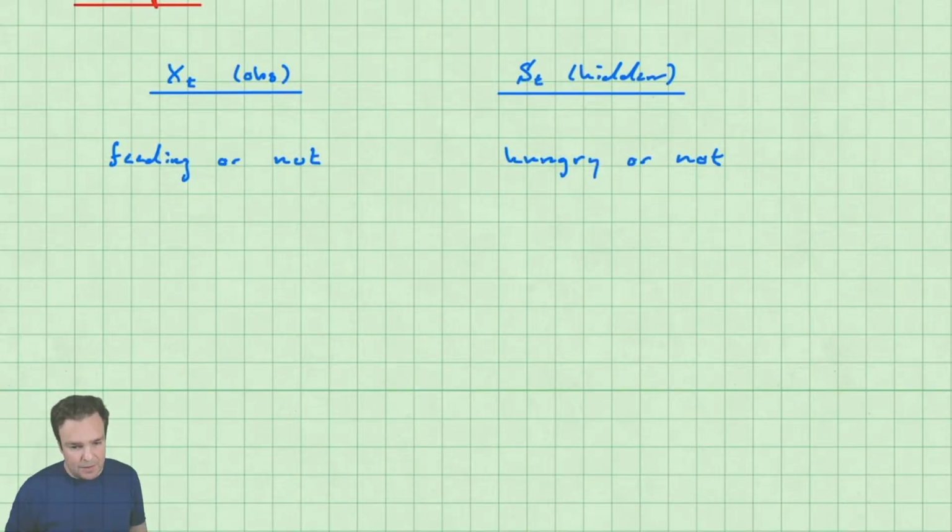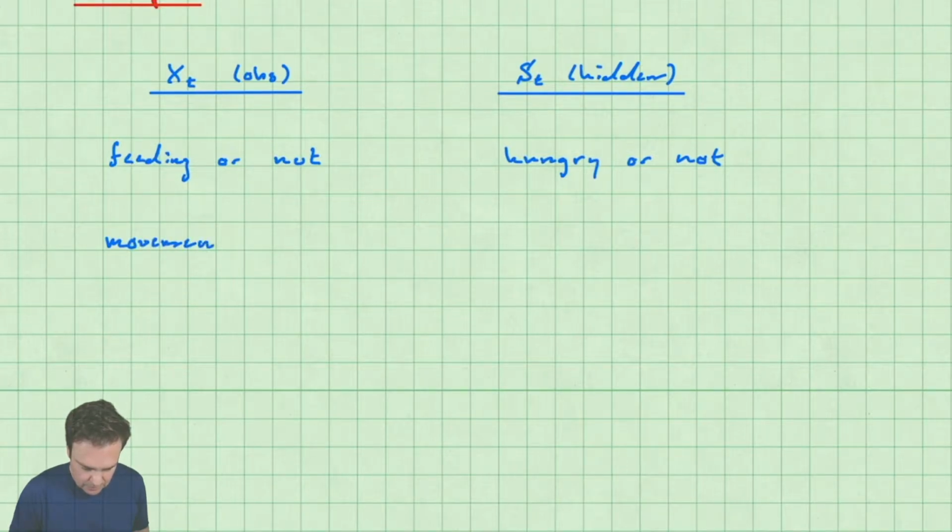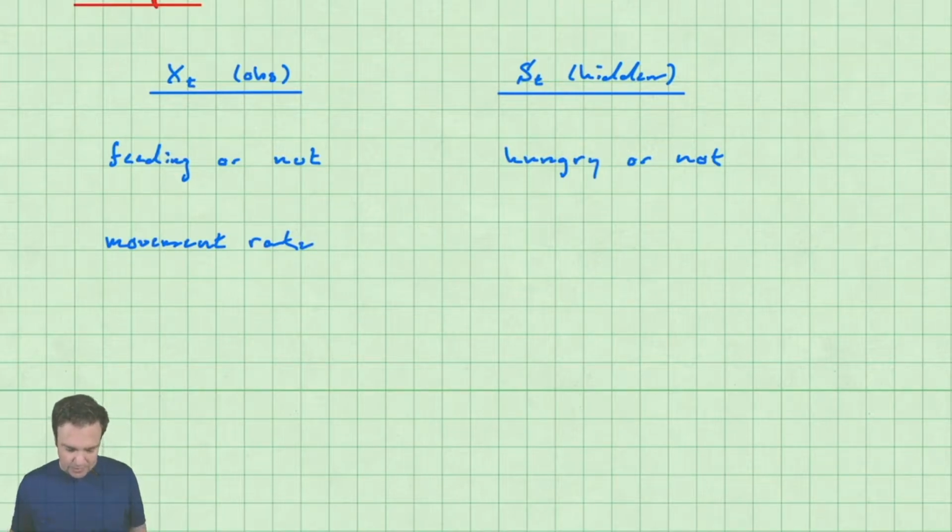The other one, also in the notes, but similar to one that we had in the lecture, was a movement rate or a speed. That would in principle be a continuous state space, whereas feeding or not was just binary.